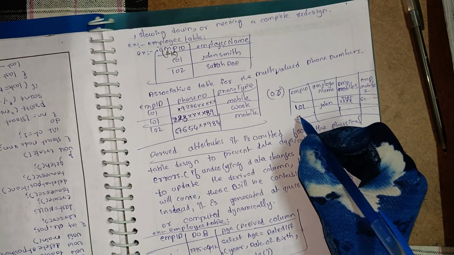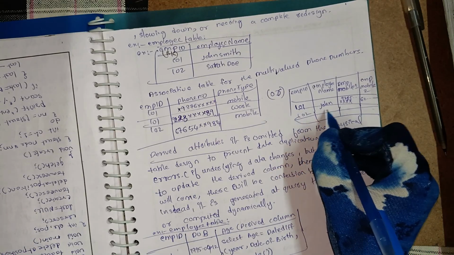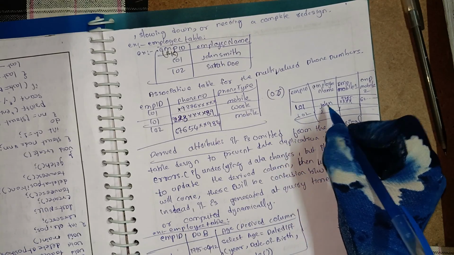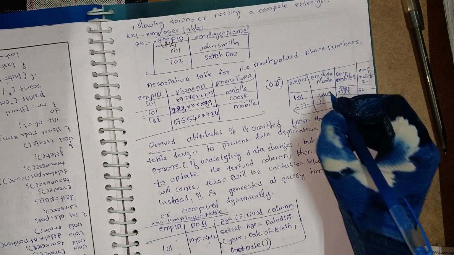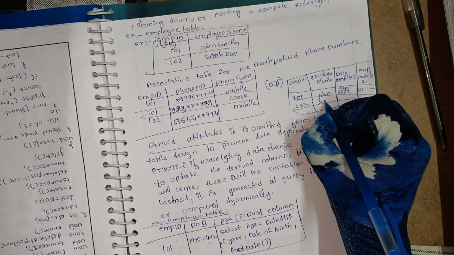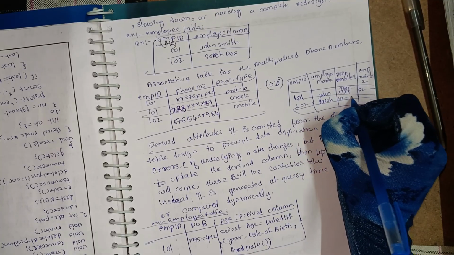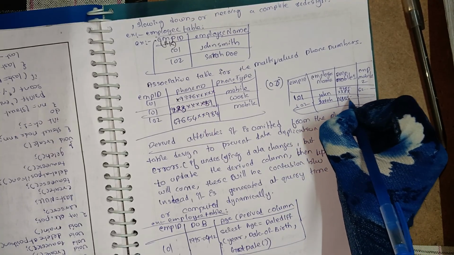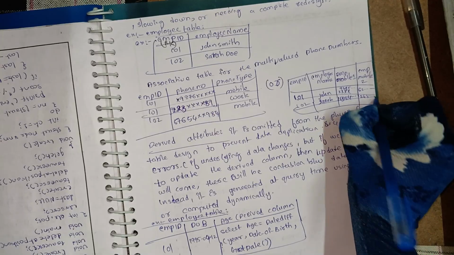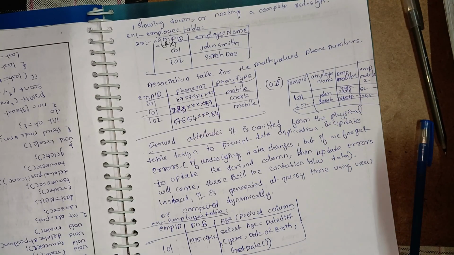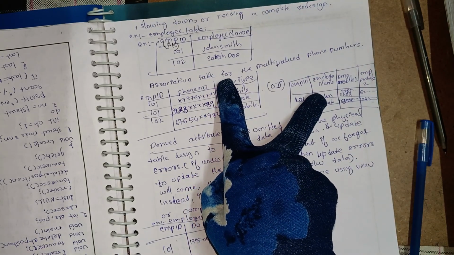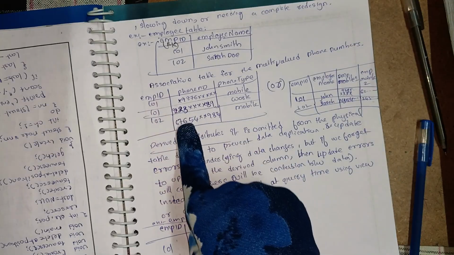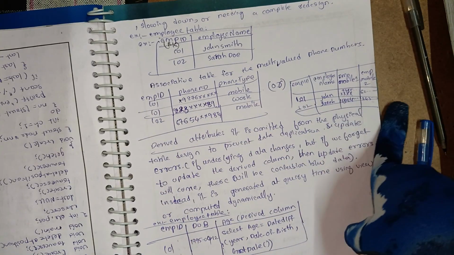And for another employee, like Sarah, the similar process will be repeated. So it shows two methods to represent this in the relational data model. One is separating tables and one is separating columns.